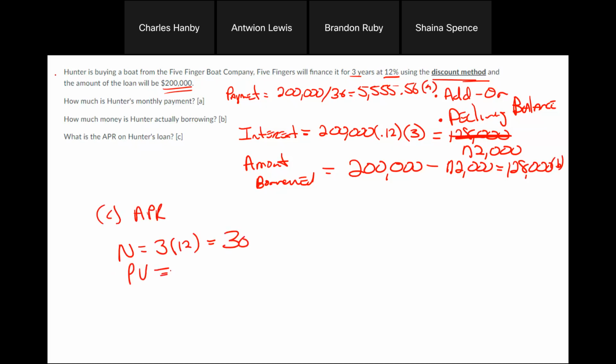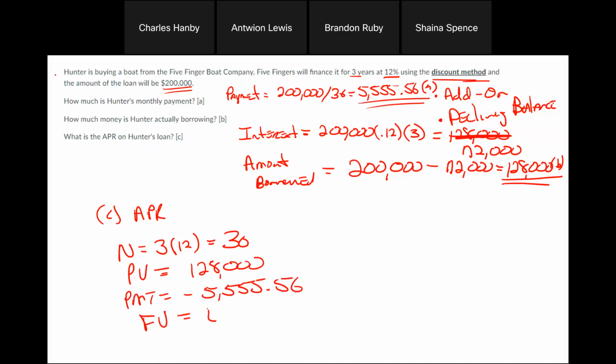PV is the amount that he actually received, 128,000. And then the payment is the $5,555.56 entered as a negative. And then future value is 0. And then we compute IY.